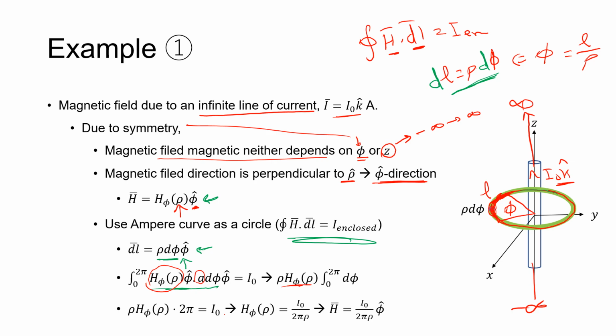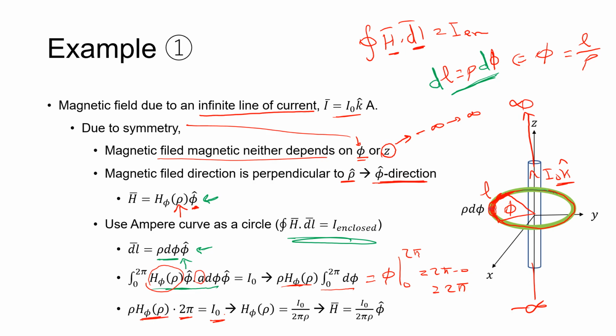At the end you have only the integration of d phi from 0 to 2 pi. This equals phi from 0 to 2 pi, which is 2 pi minus 0, so you get 2 pi. As you can see, the current is just I naught, so you substitute with it. What we seek is the calculation of this quantity.